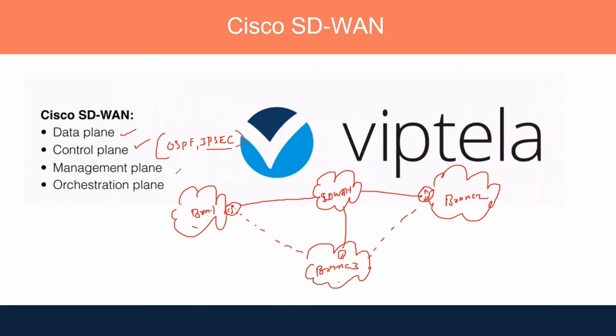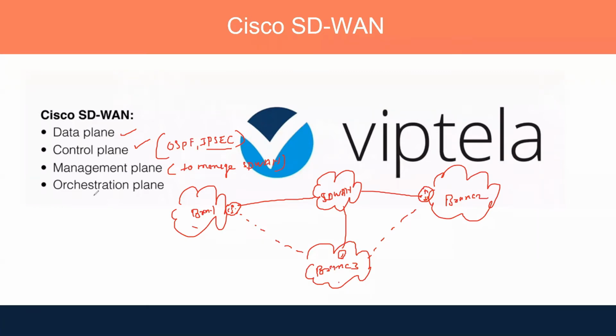And then you have a management plane. What is the management plane? Basically, if you want to manage your SD-WAN network, that means if you want to access this router so that you can push the policy, for that you can use the management plane. So management plane is to manage the SD-WAN network.